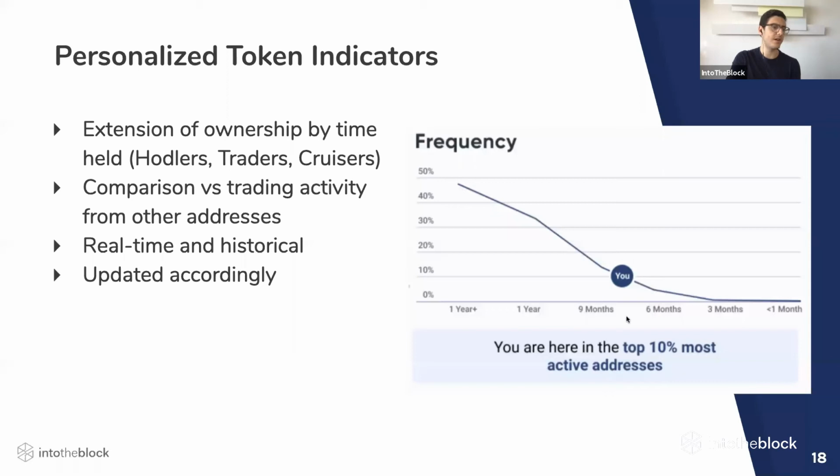So if you have an average frequency of trading in this range, you would be ranked amongst the top 10% most active addresses. And you'll be able, as with the other indicators, to compare yourself versus other addresses in the network or those similar to you, excluding large parties, track it in real time and historically, and update based on your patterns, of course.